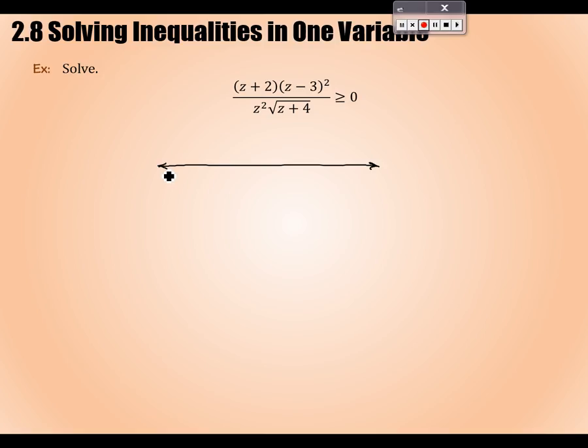Three on works, so that's positive. 0 to 3 works. Negative 2 to 0 works also. But not 0.